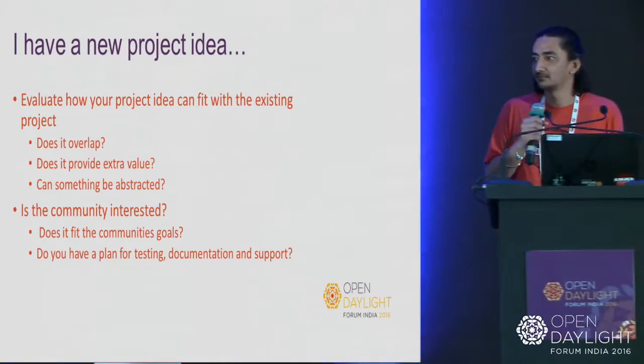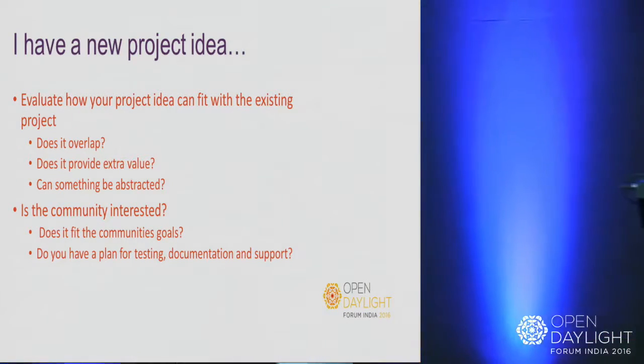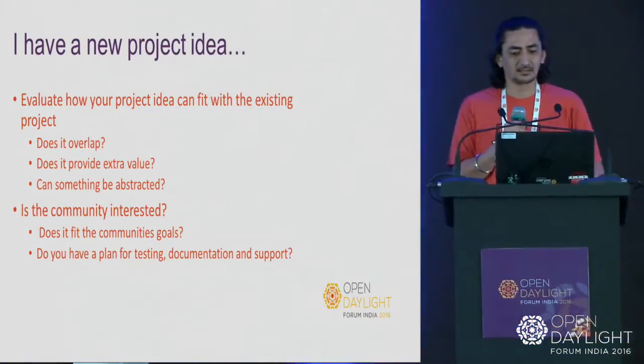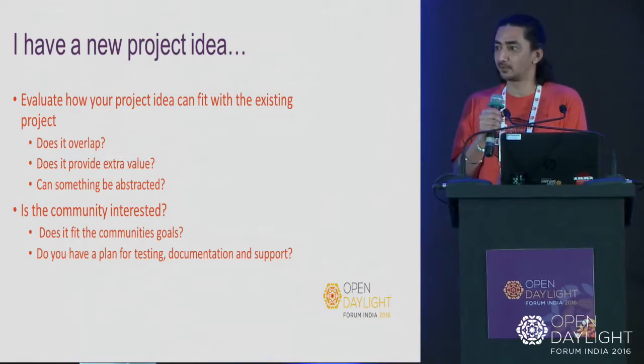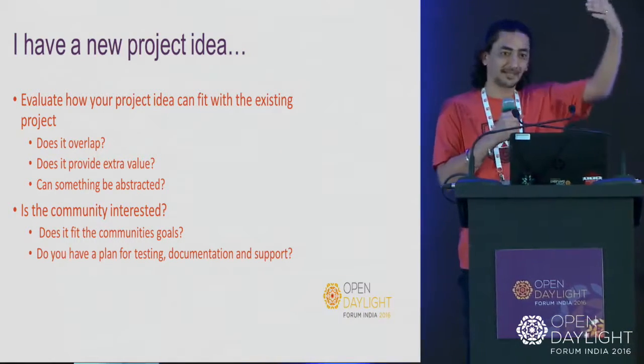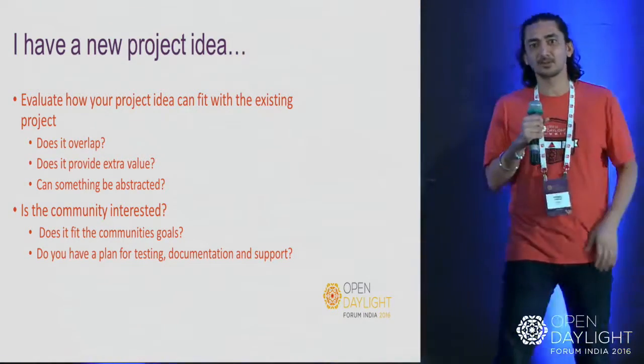Yeah, but Vishal, I have a project idea, and I know who the committers to it are, but how do I go about proposing a new project? All right, so for that we have this standard project layout. You go to this wiki link, where we have a project proposal template. It captures all the information you need to fill in when you propose a project, and it captures all the process.